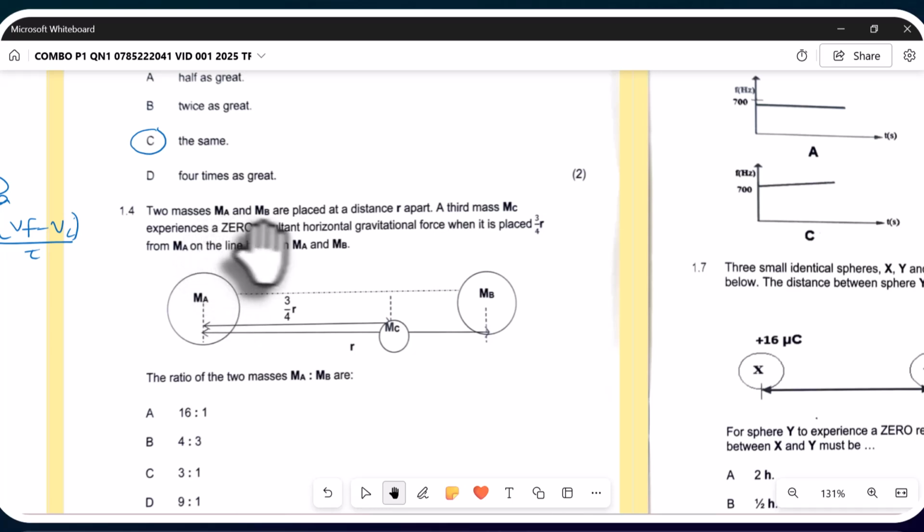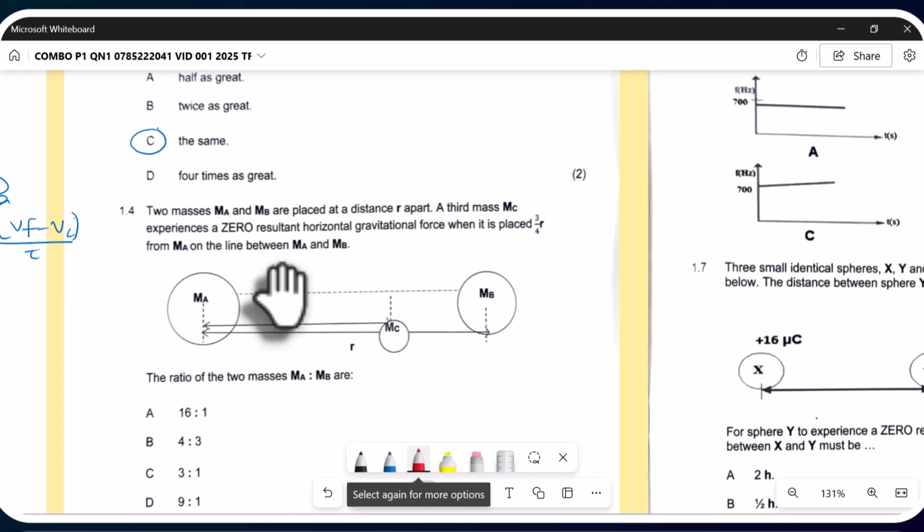A third mass MC experiences a zero resultant horizontal gravitational force when it is placed 3/4 r from A. What is important to note is that the resultant horizontal gravitational force is zero altogether. It is placed 3/4 from A, and therefore a quarter from B. They ask for the ratio of the two masses.